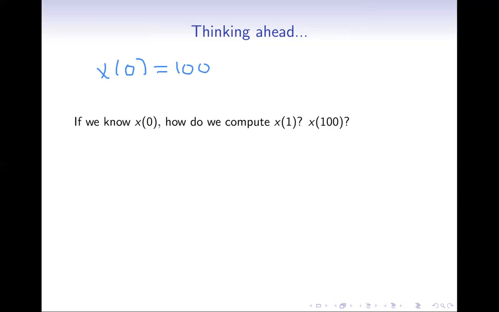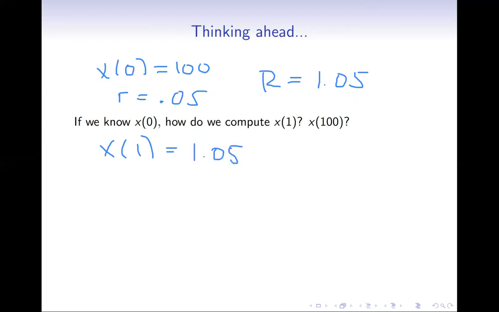This time we're going to use a net growth rate of just 0.05. And so this makes capital R, 1 plus that little r, 1.05. So to compute x of 1, the model equation tells us that we'll take 1.05, that capital R, times x of 0.